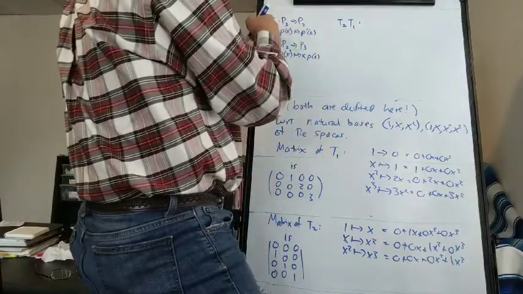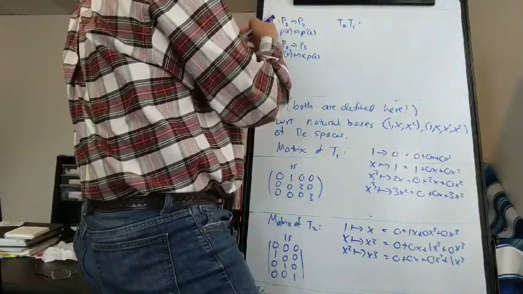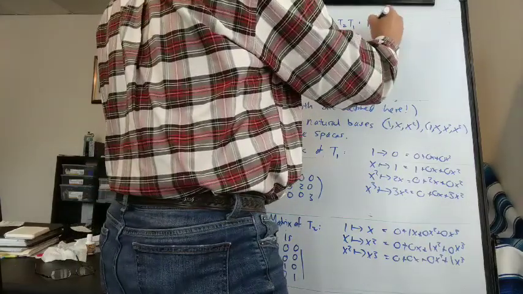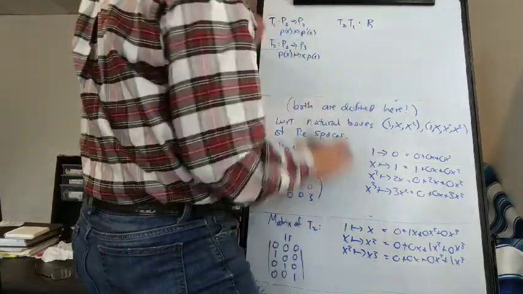So if we apply T1 first and then T2 later, so take a derivative and multiply by x, then we're going from P3 back to P3.